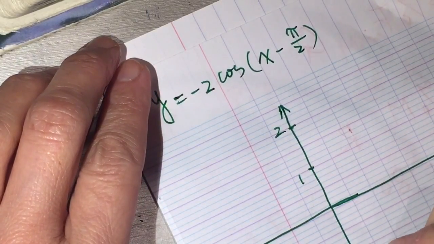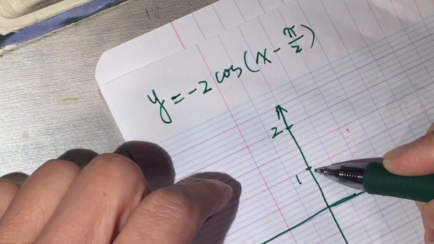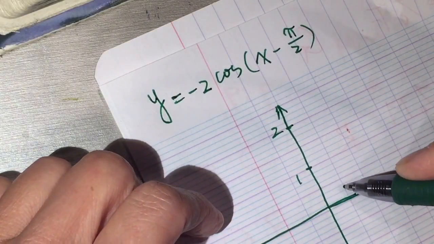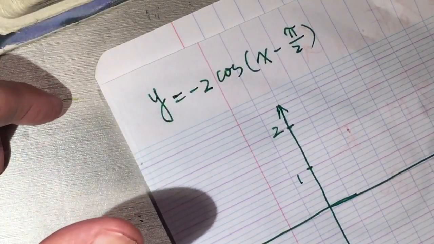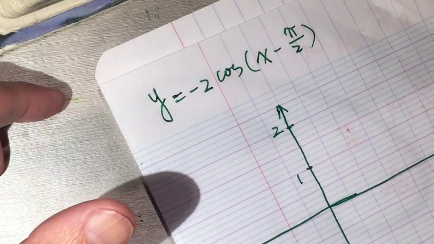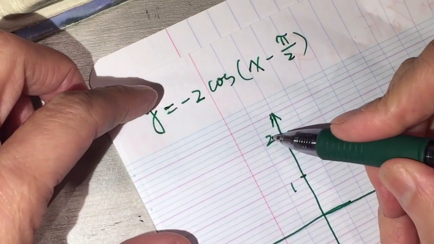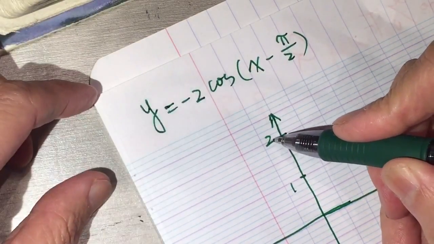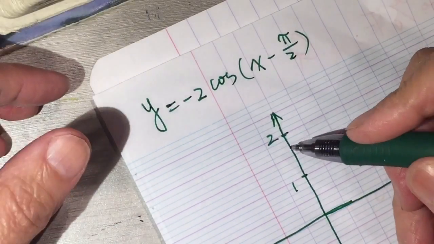This is -1, -2. So I always use the same scale, so that you can see how it changes more visibly. If you change this number, change 2 into 3 or 4, you know what I'm saying.